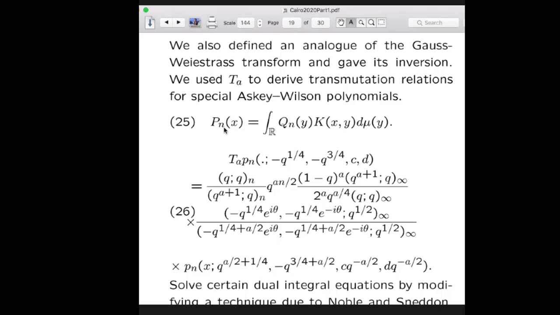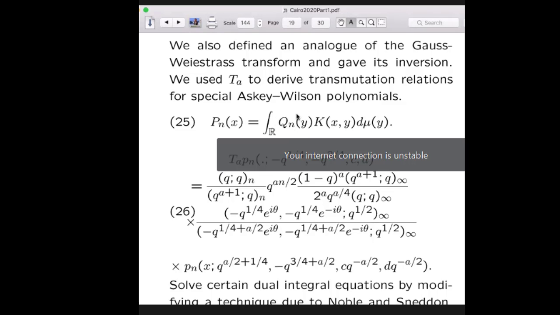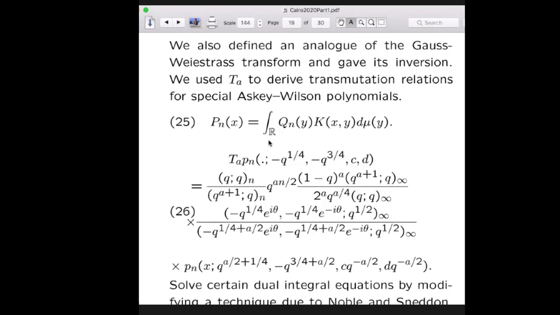So the degrees are the same. So this may have some parameters, and this would be the same polynomial, but different parameters. Okay? And I want to write this as the integral of this with some kernel times the measure. But what's important is that n appears only here and here. It doesn't appear in the kernel. Okay?